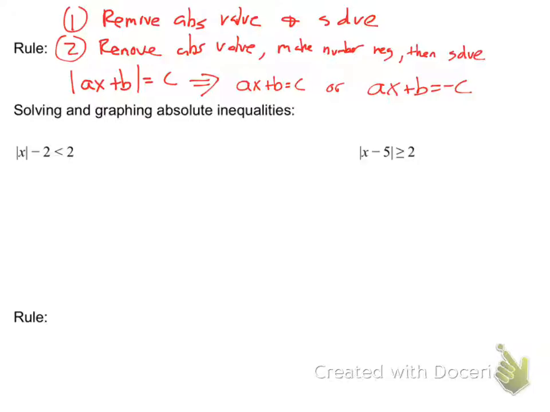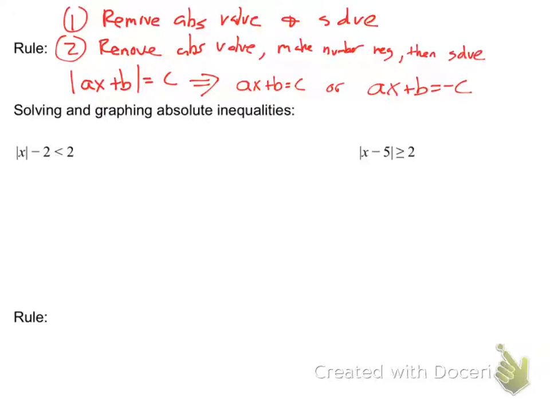And we're going to get rid of it again in these problems like we did yesterday, like we have right above, saying that you take the absolute value away, it's equal to the positive, and you have to set it equal to the negative, right, value of c. That same idea is going to be used here, but we have an inequality symbol. So they're going to be slightly different.